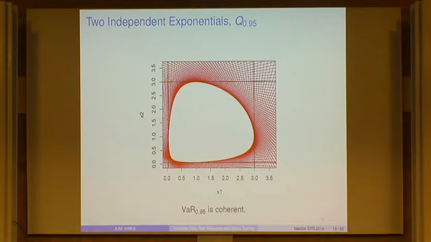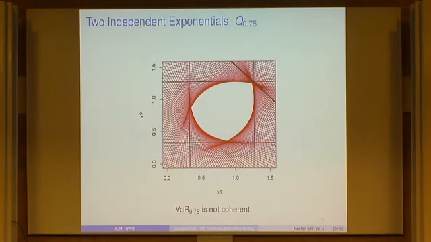Because this is what happens when coherence breaks down. So it's still two independent exponentials, but I change the value of alpha to 75%. And I do the half space construction, so there's always 25% on one side and 75% on the other. And the set here is Q 0.75. But what happens here, somewhere between 95% and 75%, and you can work out exactly where, is that you get the phenomenon beginning that some of these planes that define the half spaces are no longer supporting.